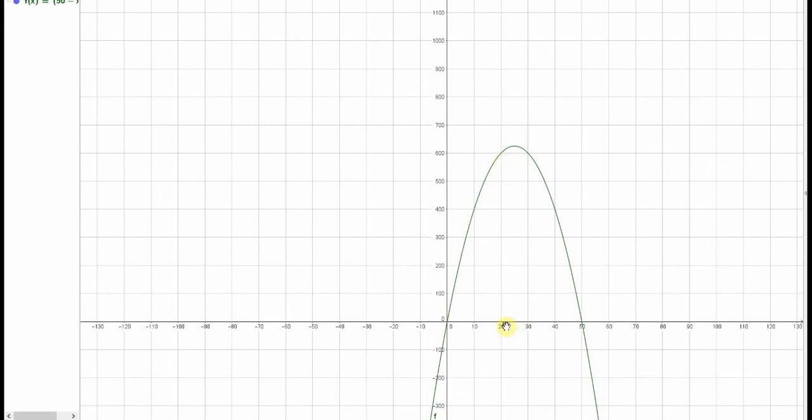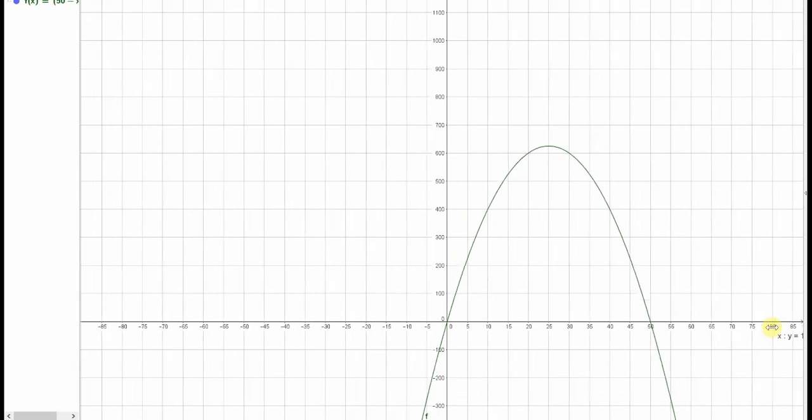Remember that if we had a width of 10, we could figure out the length and we could multiply the length and the width to get the area. And if we had a width of 30, we could figure out the length, multiply it, and get 60.